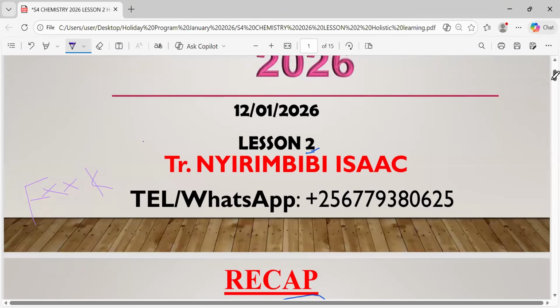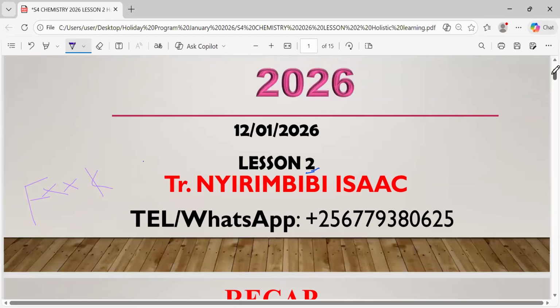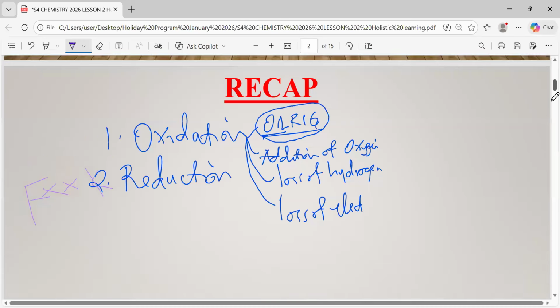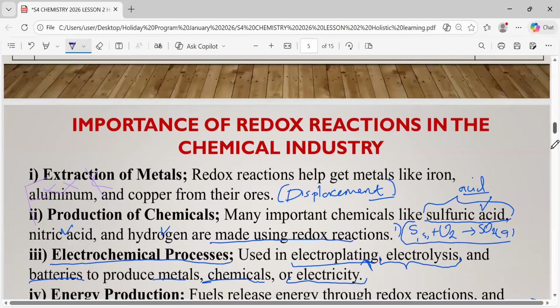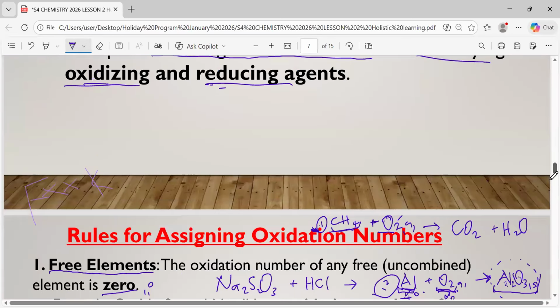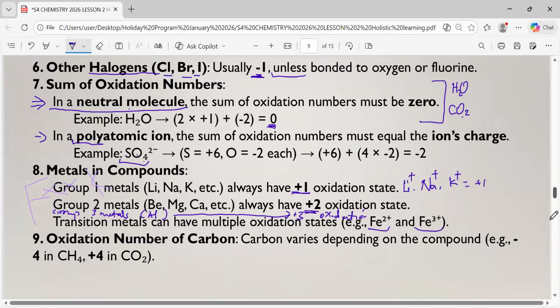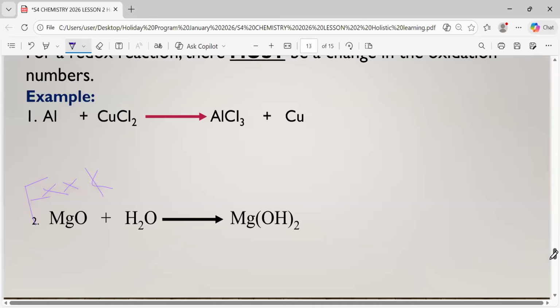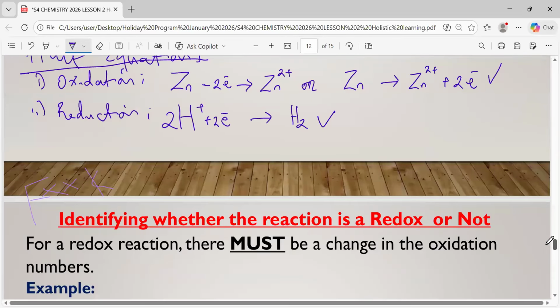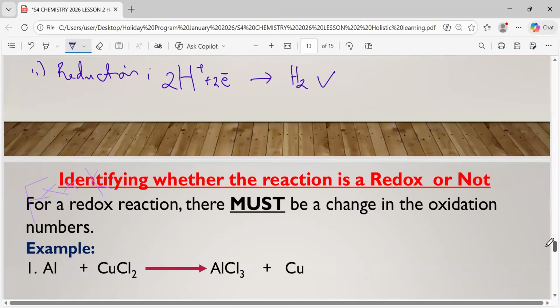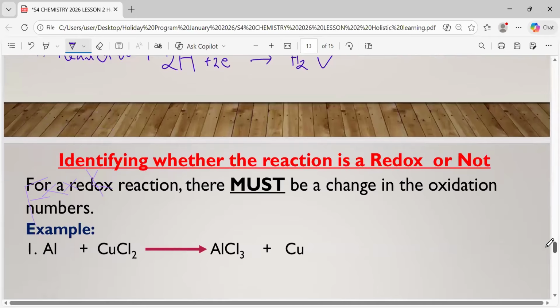Those who are copying the number, I believe we are done. Our next session is about this. We shall start with identifying whether a reaction is redox or not, using what we have learned today.